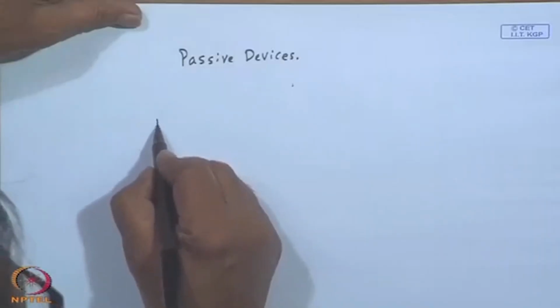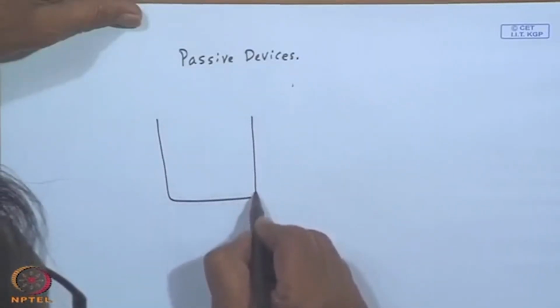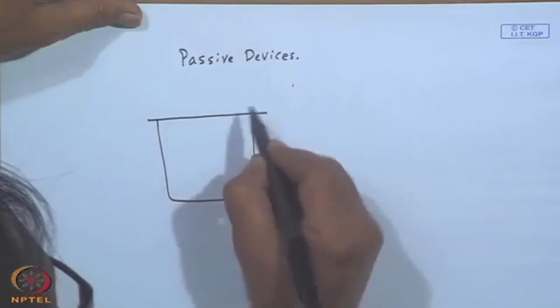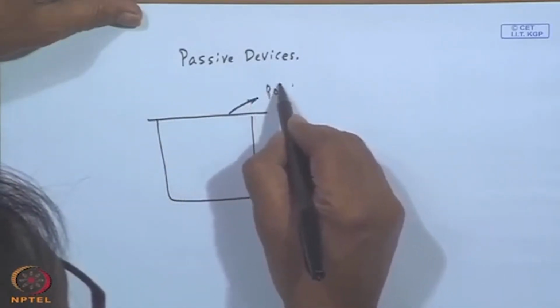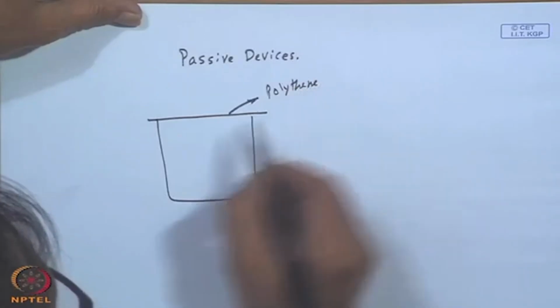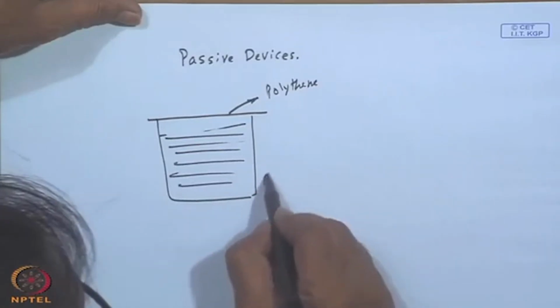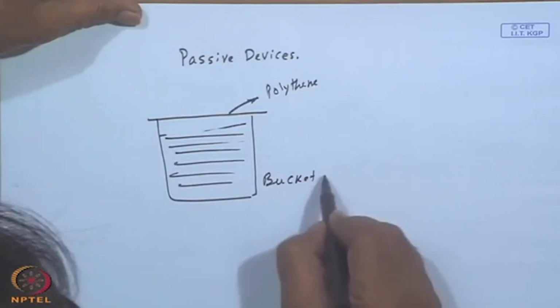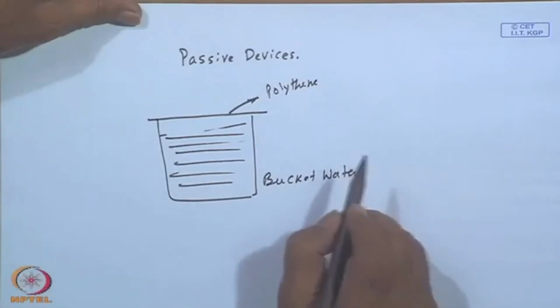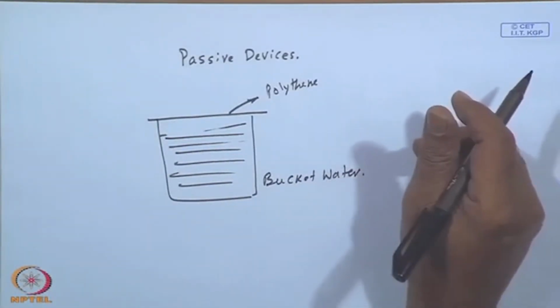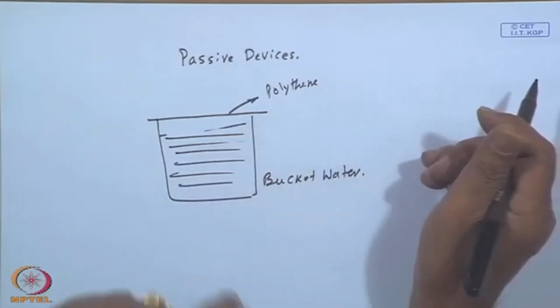Unknowingly or unwittingly, there are many applications which are done passively. For example, if you go to a village, they take a bucket of water and simply put a sort of polythene sheet and keep it in the sun from 11 o'clock to 12 o'clock or something like that, and it goes up by about 5 degrees.